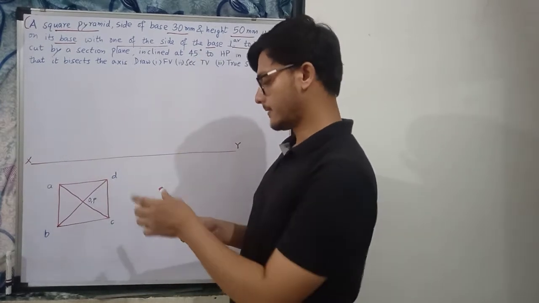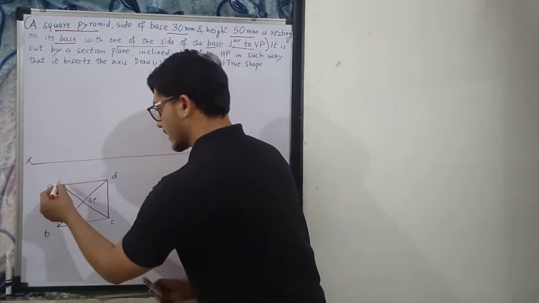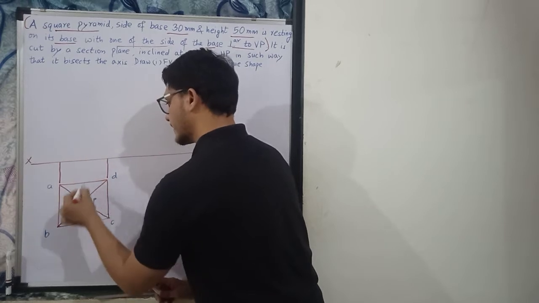Now we complete the front view as given in the problem. Let us project this first and keep everything light, that's why I'm using red color.